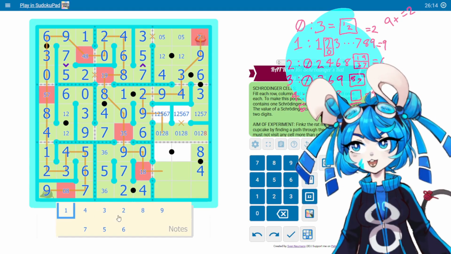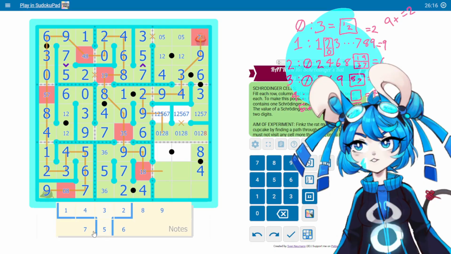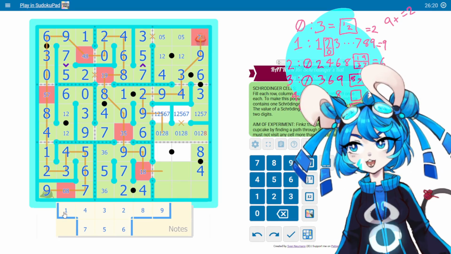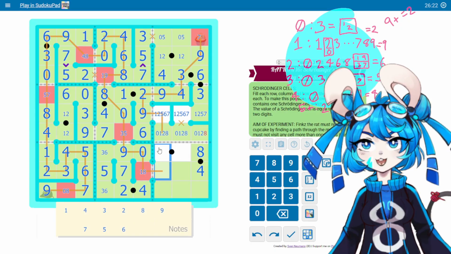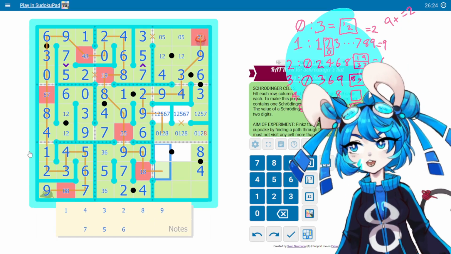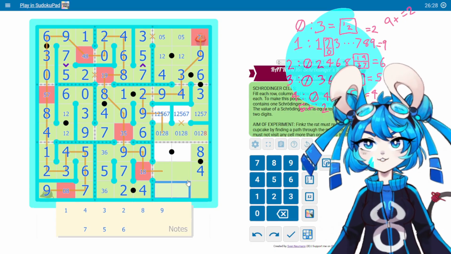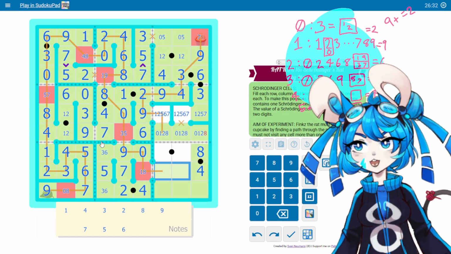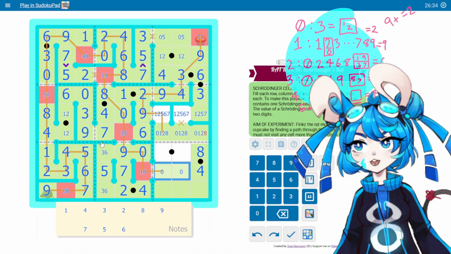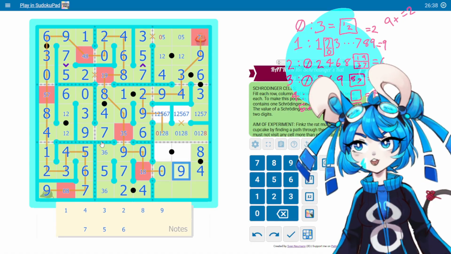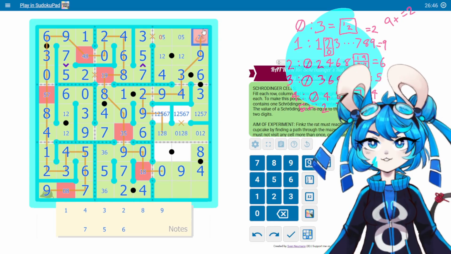Which means we have used all of the digits between 1 and 9 inclusive, and we still have 2 segments left. What are we gonna do for them? What difference could they possibly have? These 2 cells are 0 and 9. Okay, that one's a 0. Wait a second.